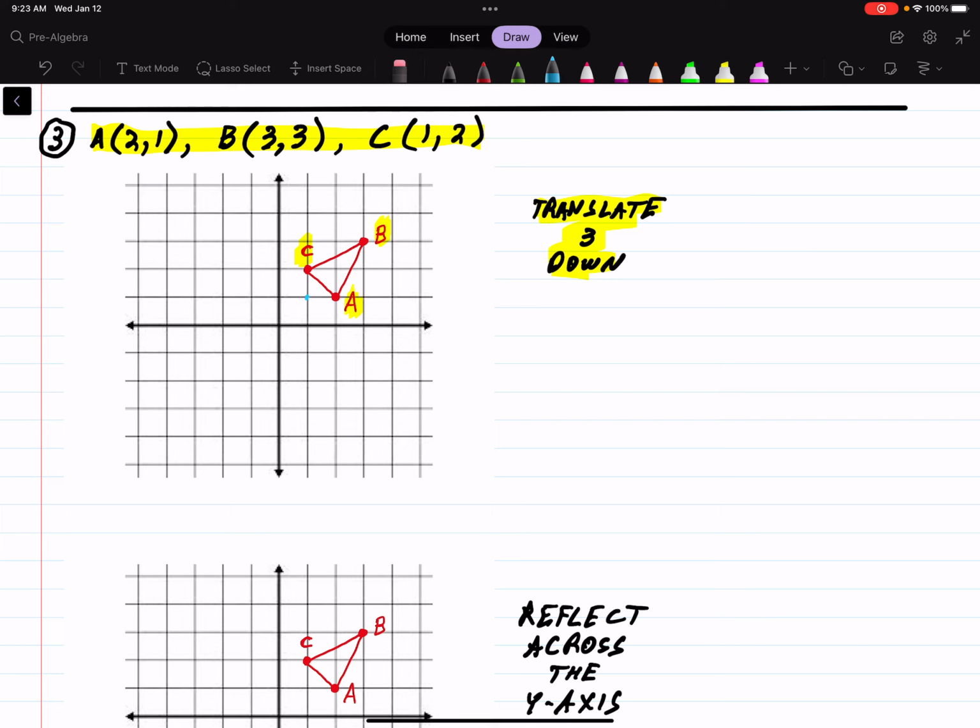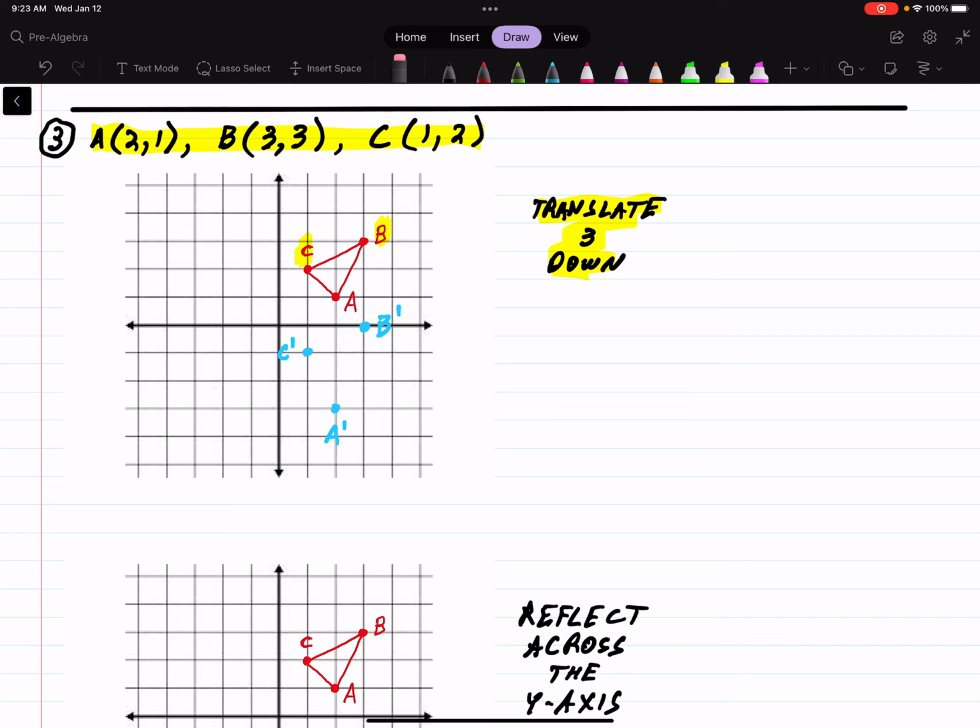we'll come down here, 1, 2, 3. So that is going to be C prime. Let's do A, 1, 2, 3. That will be A prime, and B, 1, 2, 3. That will be B prime. And let's erase those little dots in between.